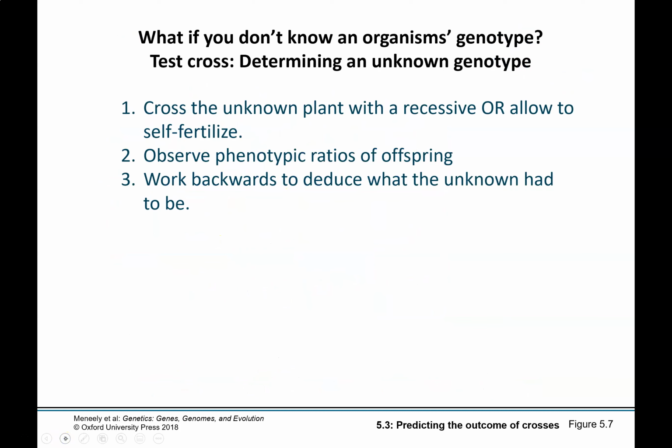All right, so what happens if you don't know an organism's genotype? Well, we can do something called a test cross that allows us to figure it out. So let's say that you have 2 plants. Let's say you have a plant that's purple, and you want to know if it is homozygous or heterozygous, because you want to cross some plants and get a specific color out of your cross.